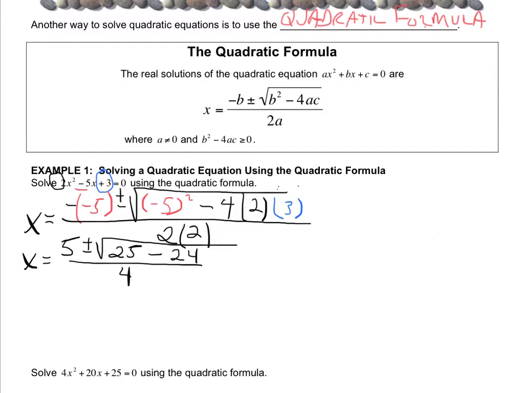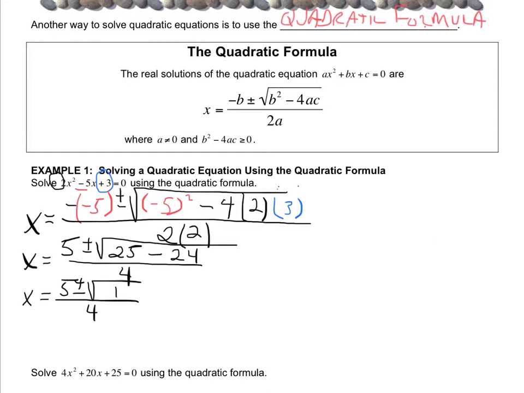Now remember, the radical sign is like having a grouping, so the radicand underneath has to be completely simplified before I can go on and actually take the square root. So I continue with 25 minus 24, and we are all over 4. Now because of this plus or minus that we have, we are going to have to split off into 2 continuing expressions.